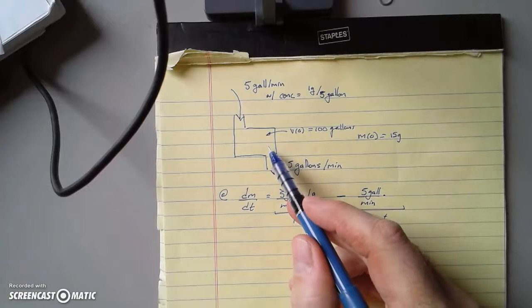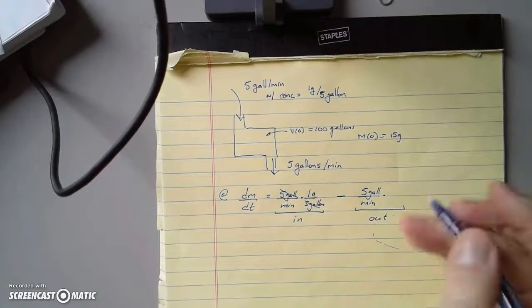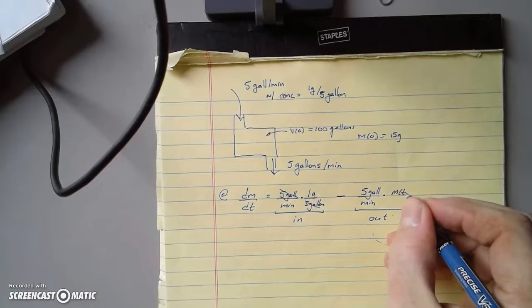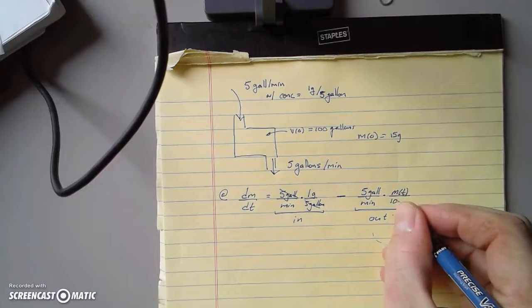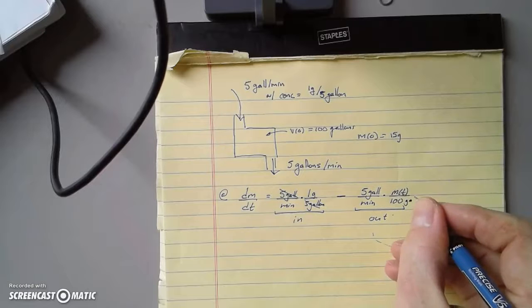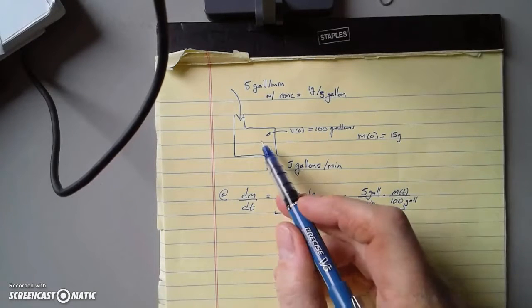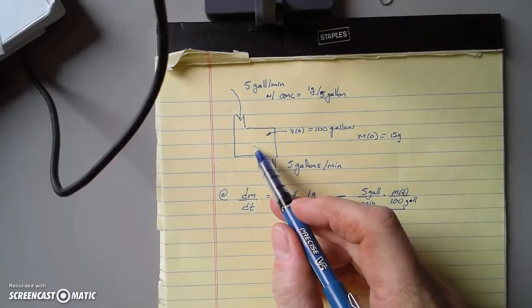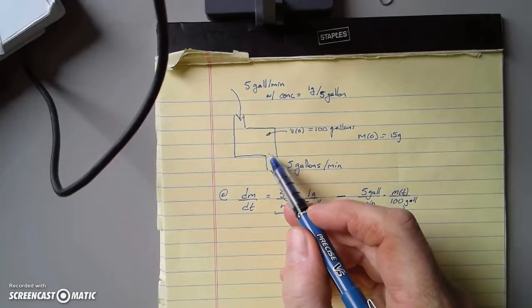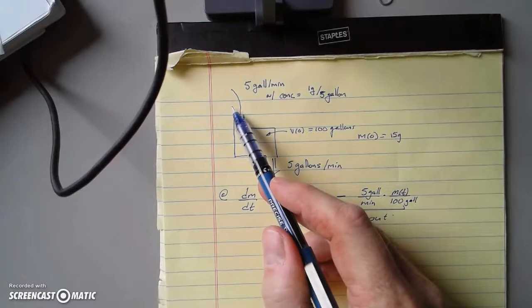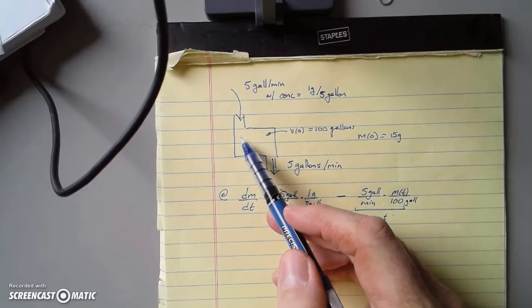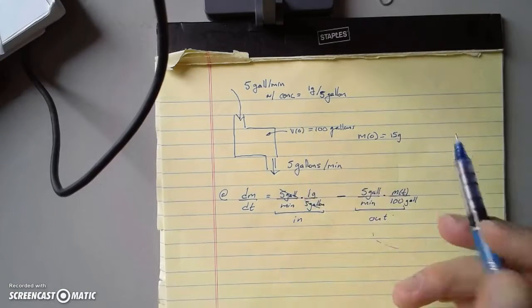What's going out? There's 5 gallons per minute leaving. The concentration of the tank is changing. It's however much stuff you have divided by the 100 gallons of water. Initially, it's 15, so when the problem starts you've got 15 over 100 going out, but you've also got 1 gram per minute being added. How does all that work together? Well, we don't know.